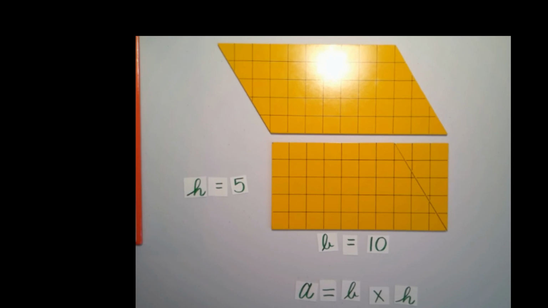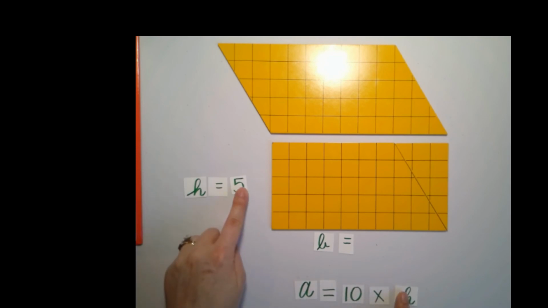So just like with our rectangle, to solve for the area of our parallelogram, we're going to multiply our base times our height. Our base, we counted, was 10. So we put that in where the B was. Then we put the 5 in for where the H was.